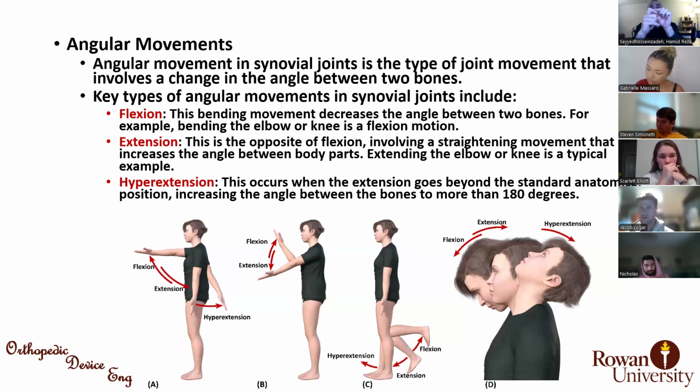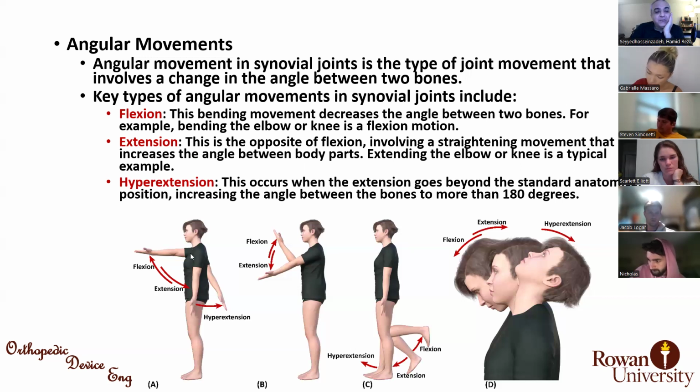For my wrist, I am also performing an angular motion. Now remember the anatomic position. The joints were straight, every joint was straight, and the thumbs were pointing outward.